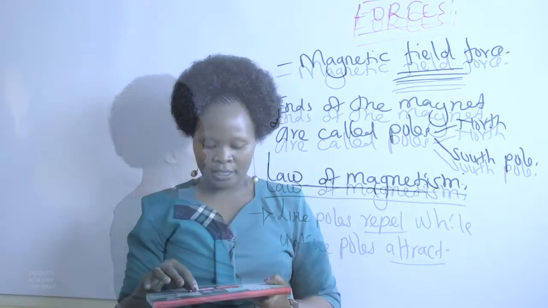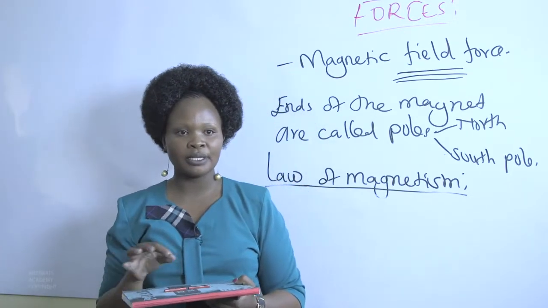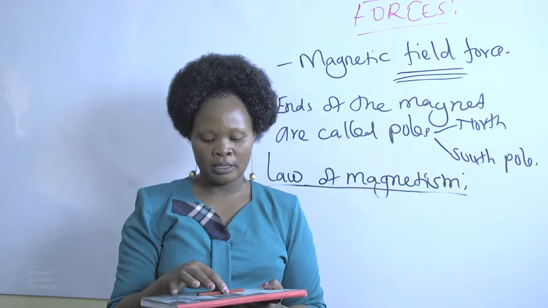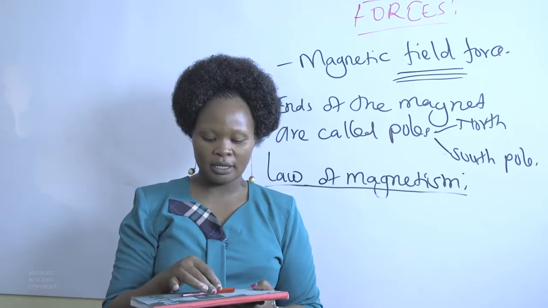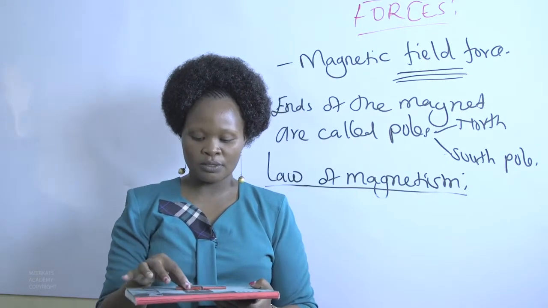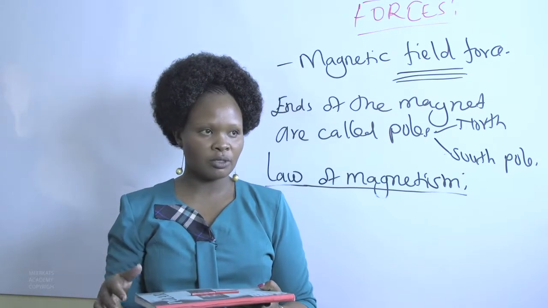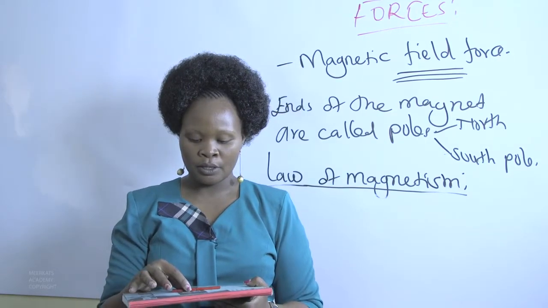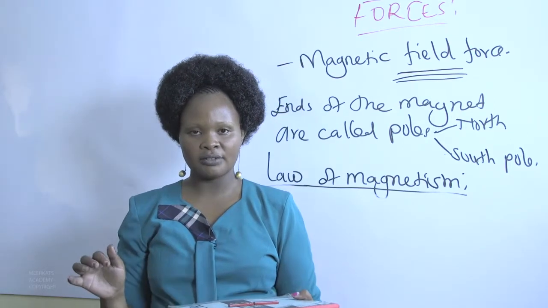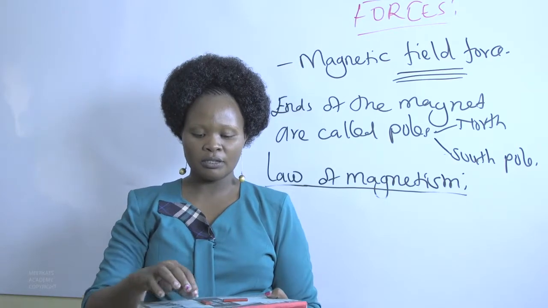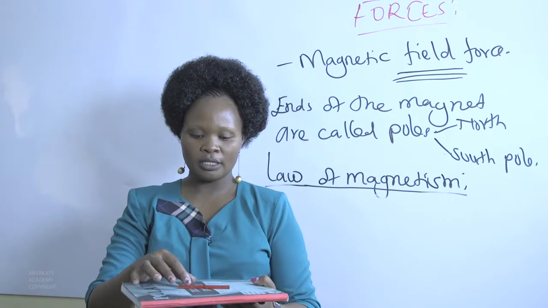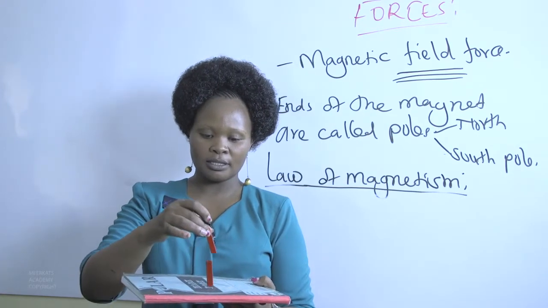Now, let us think of what will happen when we bring the north poles close to each other. Like the two bar magnets that I have are indicated north. I bring the two norths close to each other and we look at what happens. What happens is that no attraction is realized. How about if I reverse the poles of one of the magnets? You realize that attraction is realized.